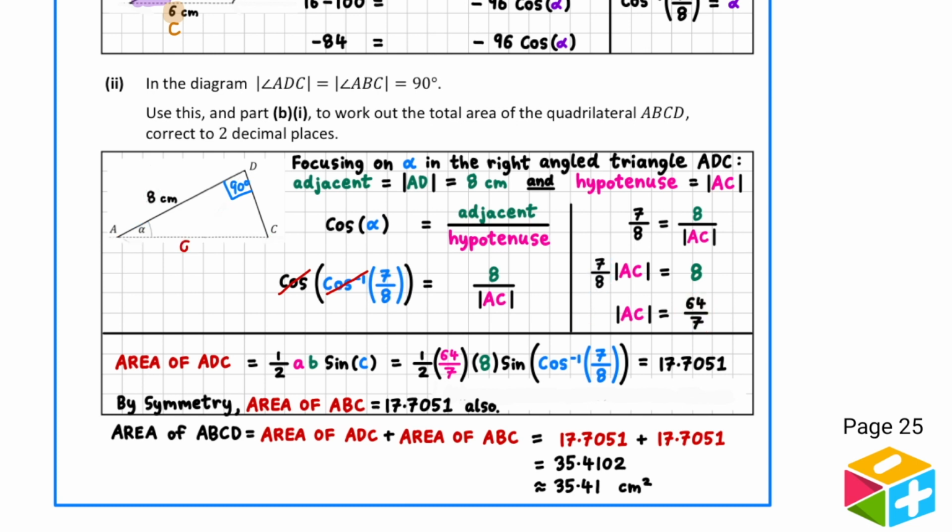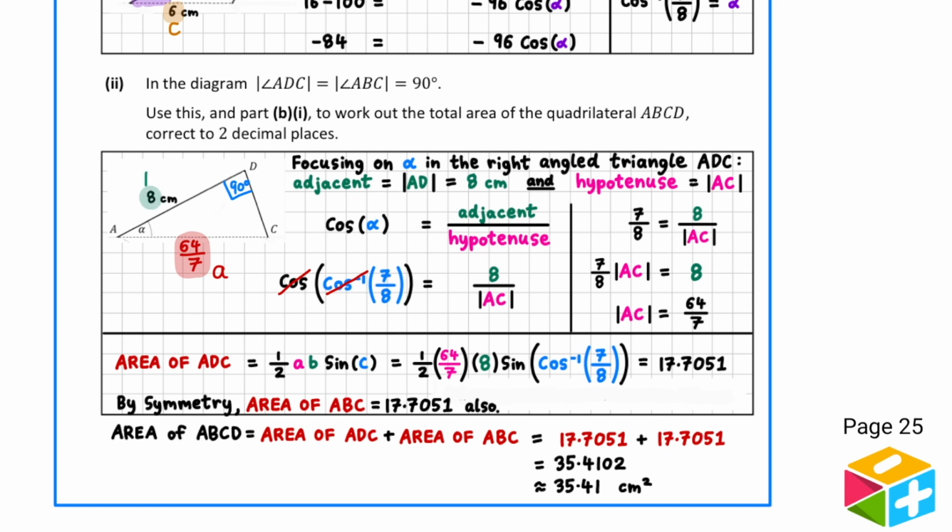Now that we know the length of AC, we have two side lengths and the angle in between. So we're ready to use our formula for the area of a triangle: a half times a times b times sine c. Here, we can let a be equal to the side length AC, which is 64 over 7.